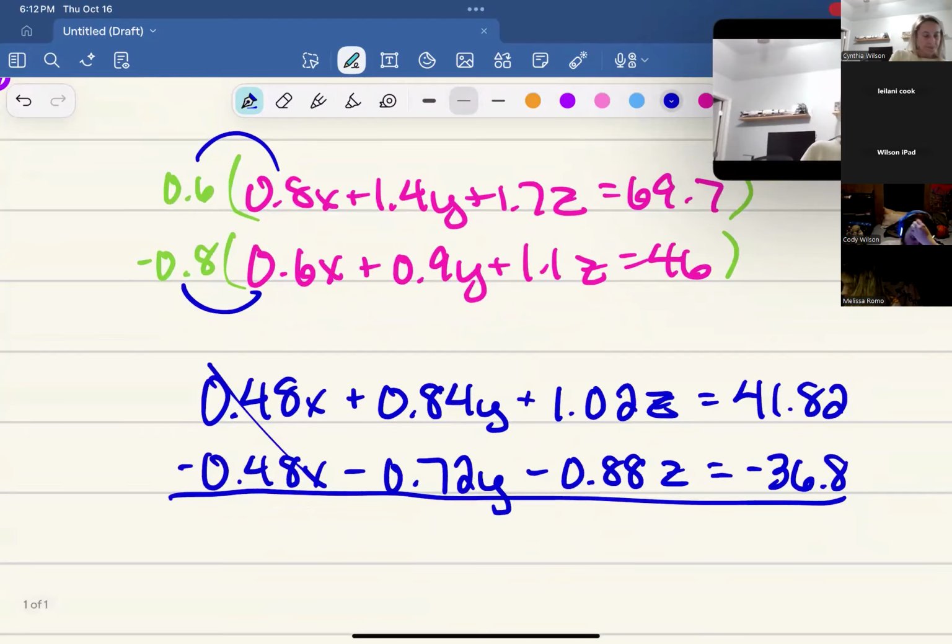X's cancel. And we add everything else together.